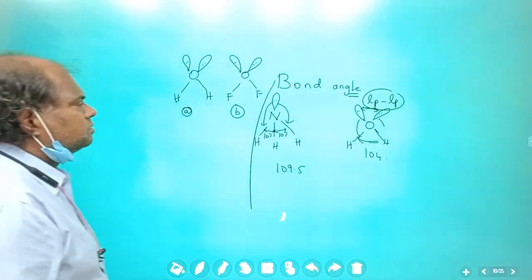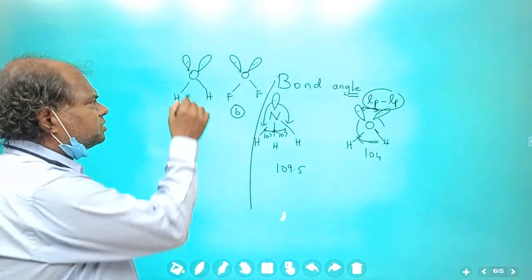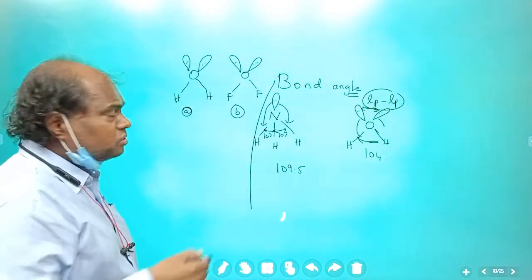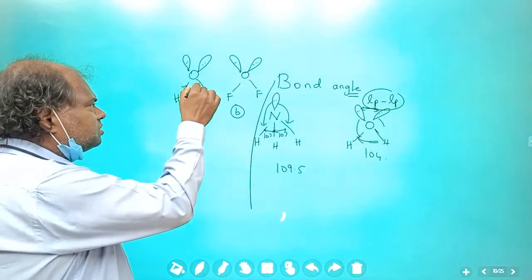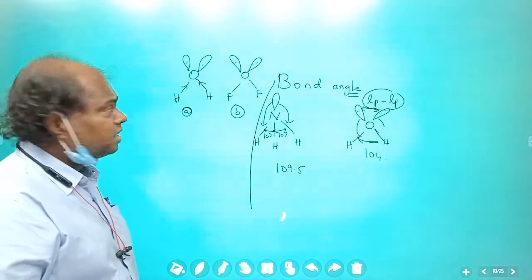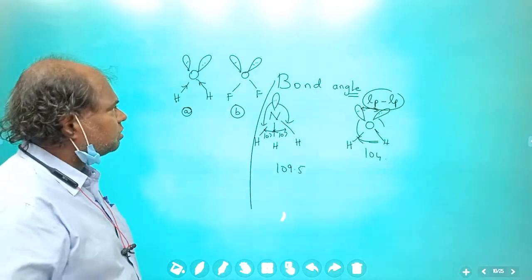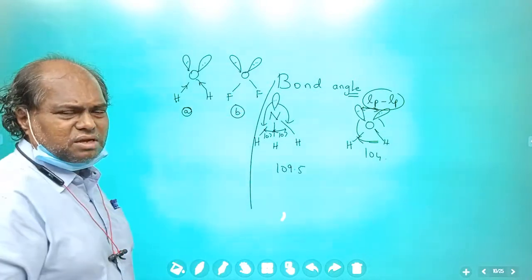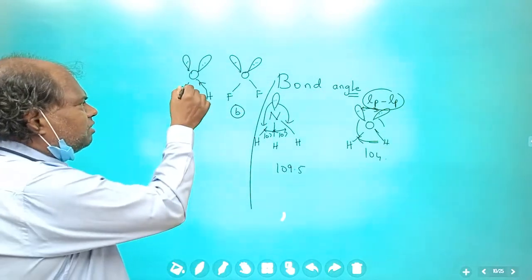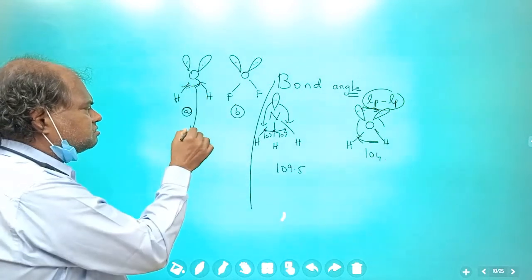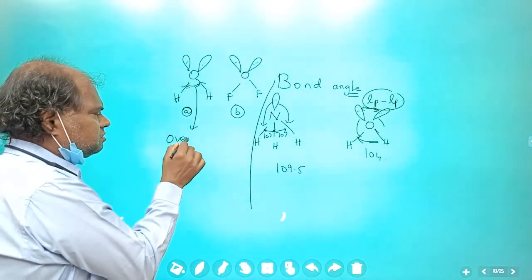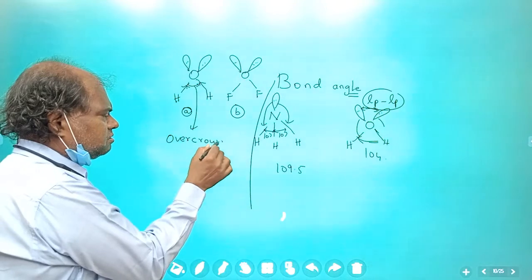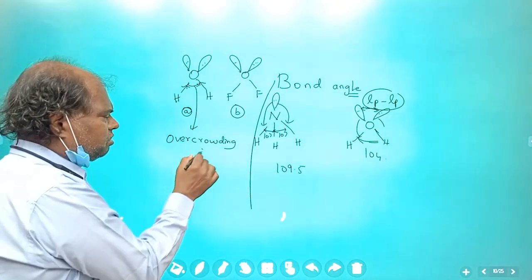Now, in case of H2O, what happens? Oxygen is electronegative, right? So it will pull all the electrons towards itself. Hydrogen is electropositive. So what will happen? You will have overcrowding of electrons here. Yes, a lot of overcrowding.